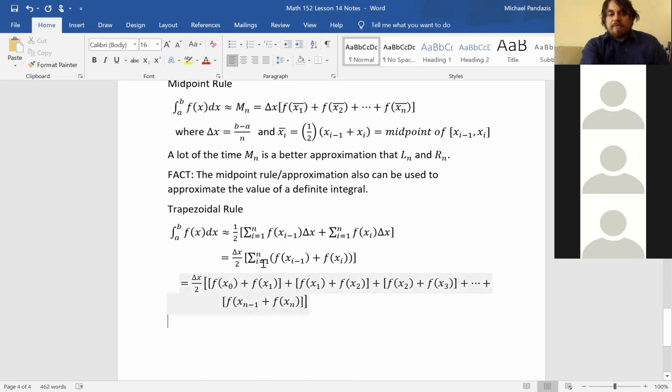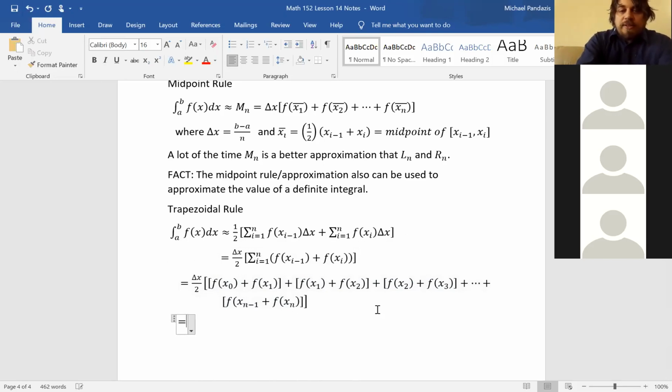So now we have the sum of those n terms. If you see here, the f of x sub 1's repeat, the f of x sub 2's repeat, the f of x sub 3 will repeat, the f of x sub n minus 1 repeats. There's two of each of them. Then only the f of x naught and f of x sub n is one. Everything else has two. So I'm going to write that here.